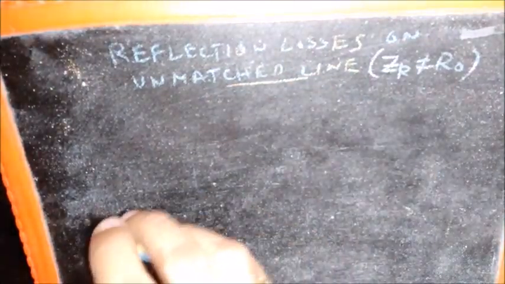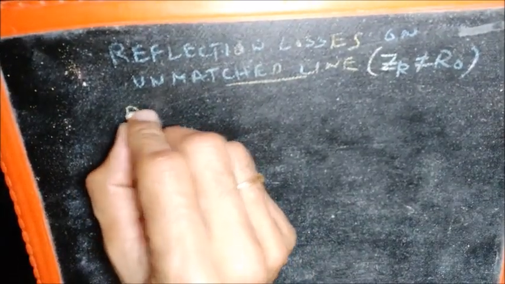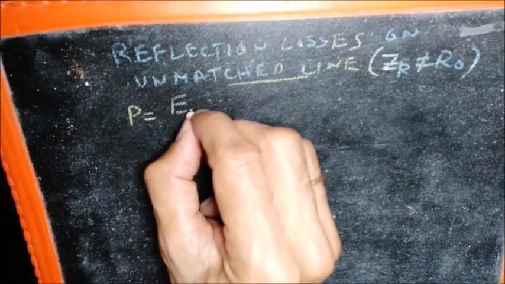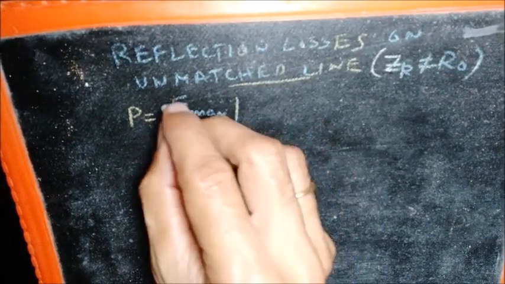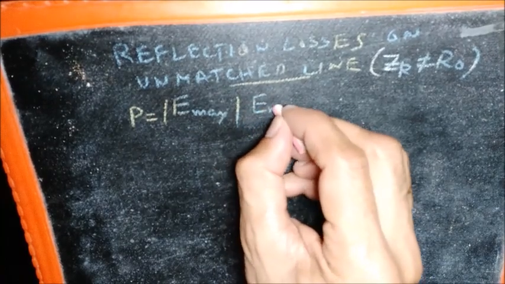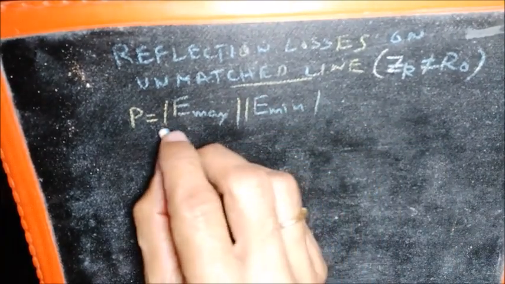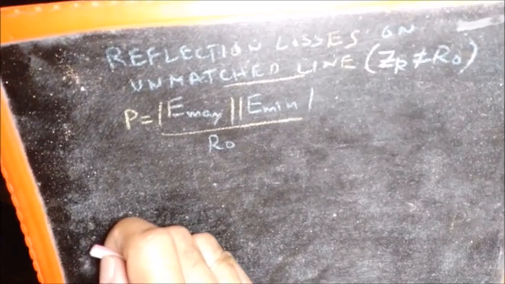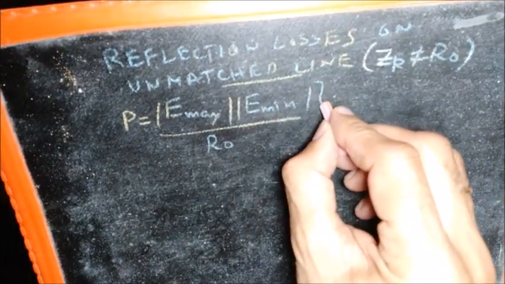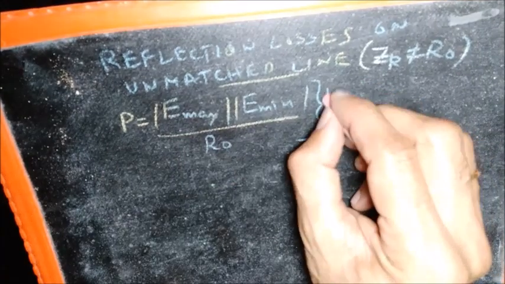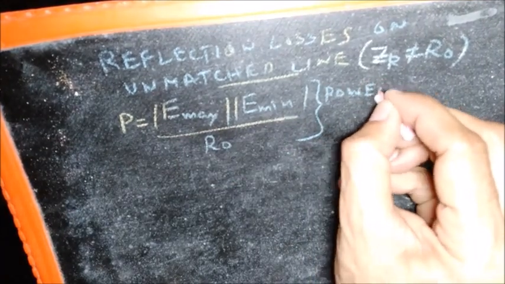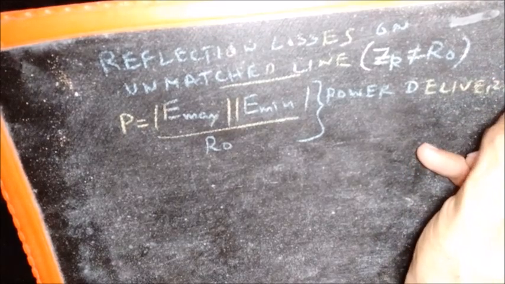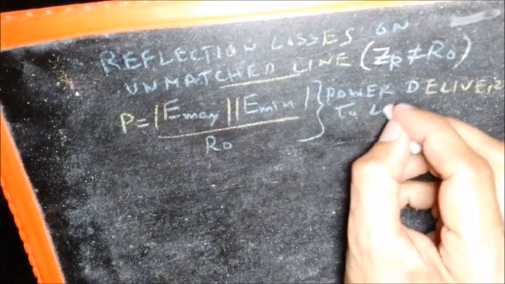Okay. So we know that the power on the transmission line is E max E min by R naught. And this being the power on the transmission line, this will be the power delivered to the load.